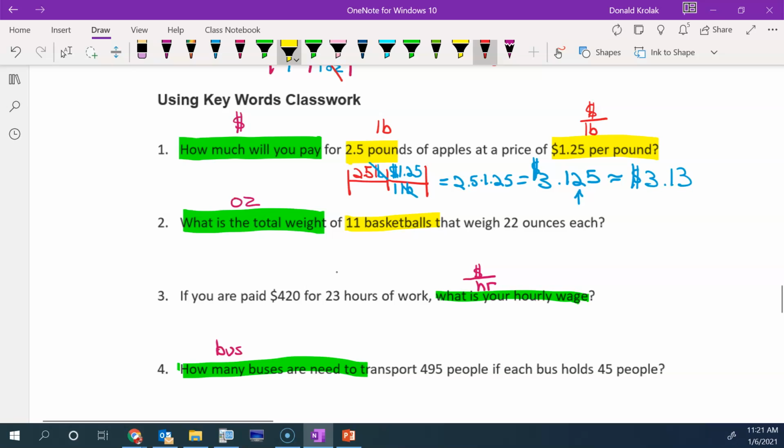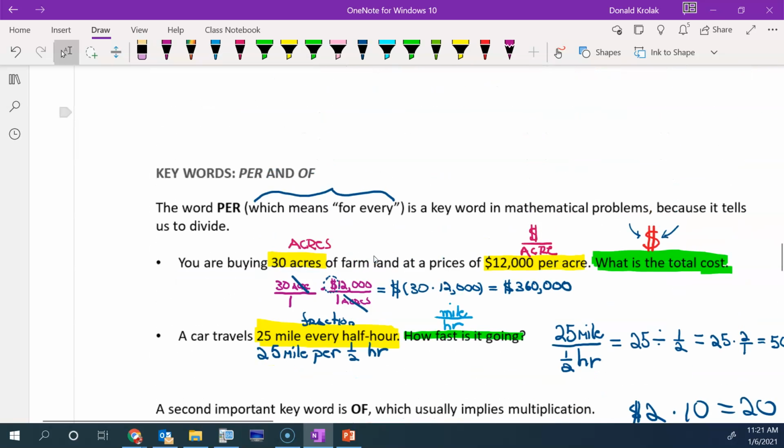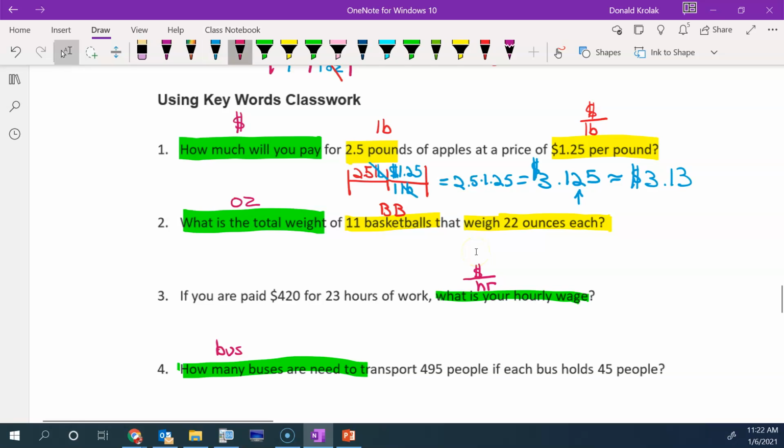This label is basketballs. Okay. The label on the other thing, 22 ounces each. All right. Each and every, I'm going to write that as a fraction when I see each and every. Okay, so each. Write that as a fraction. That would be 22 ounces over basketball.